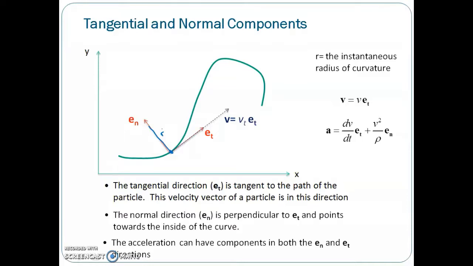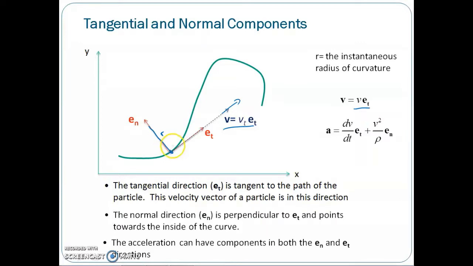Then our velocity vector is V in the ET direction, so it's a vector tangent to the path of the particle. If you still remember what we learned earlier, the acceleration is not tangent to the path.